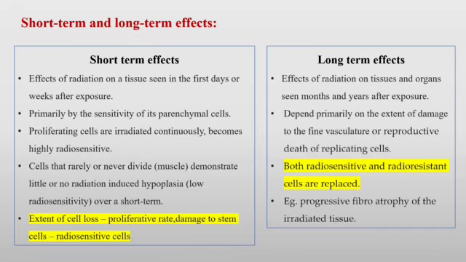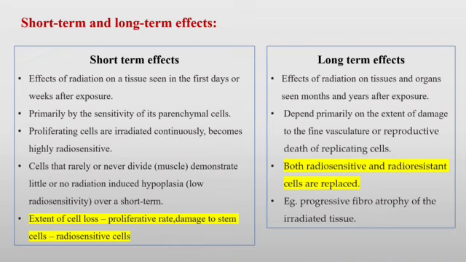Short-term and long-term effects. The radiosensitivity of a tissue or organ is measured by its response to radiation. The short-term effect of radiation is seen in the first days or weeks after exposure, and is determined primarily by the sensitivity of its parenchymal cells. When continuously proliferating tissues, for example the bone marrow or oral mucous membrane, are irradiated with a moderate dose, the cells are lost by apoptosis, bystander effect, or reproductive cell death.